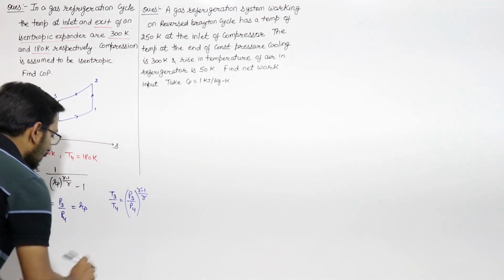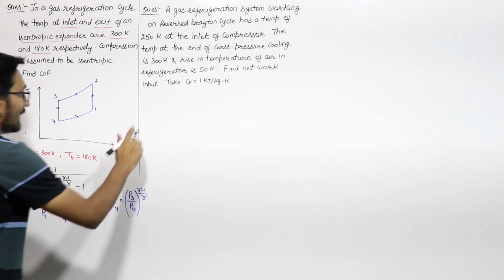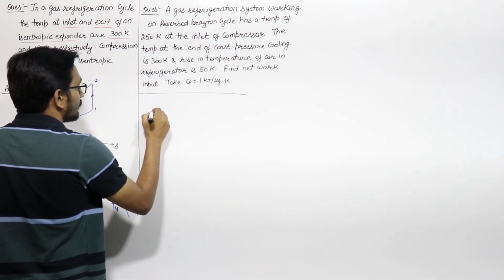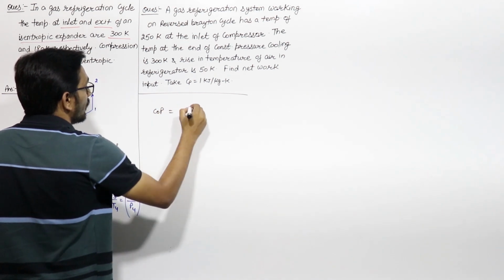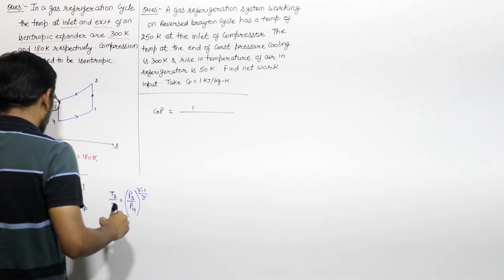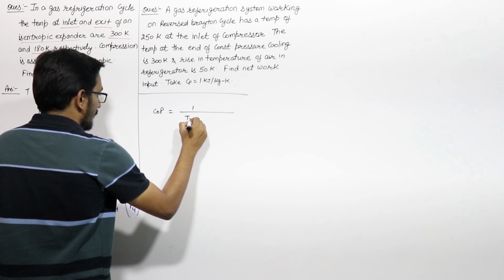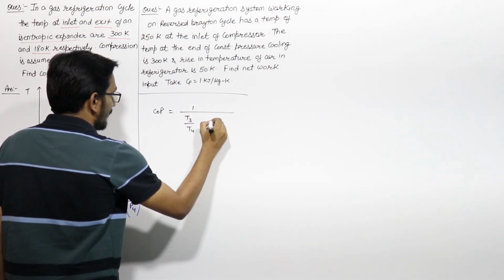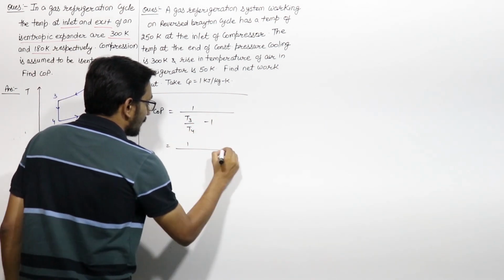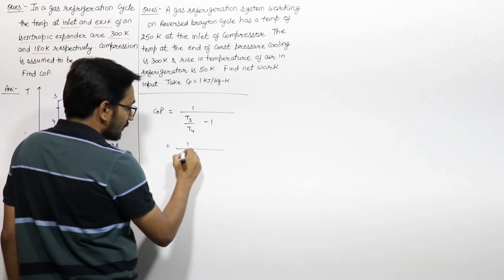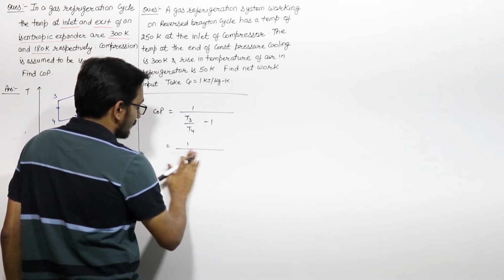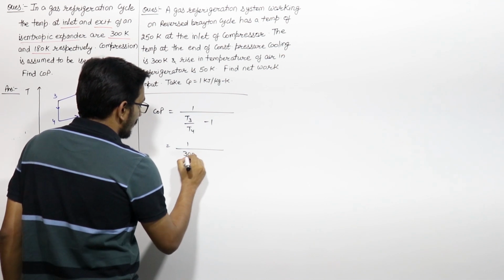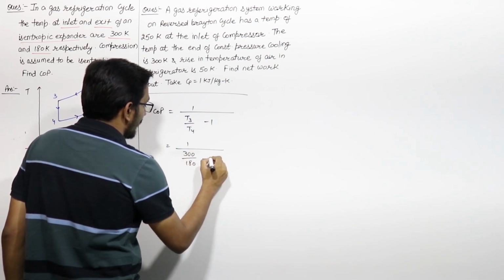So the COP will be equal to 1 upon T3 by T4 minus 1. This is equal to 1 upon 300 by 180 minus 1.